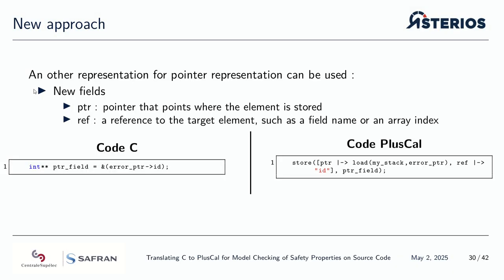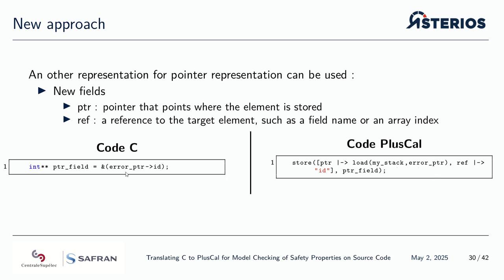So for example, if I take a pointer to a field in a structure here, what I can do is translate it into PlusCal like this. So I will have a pointer with the new representation. Its PTR section will be initialized with the base pointer of the expression, here the error pointer.